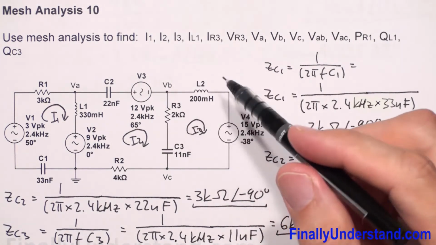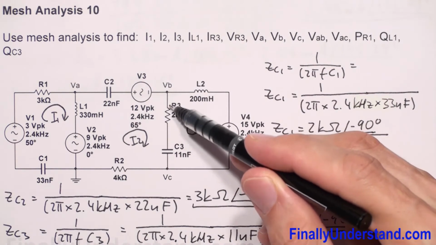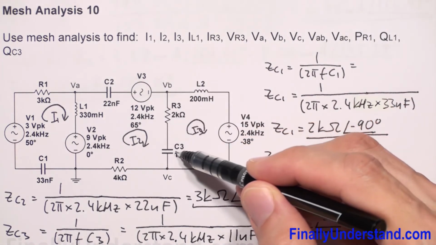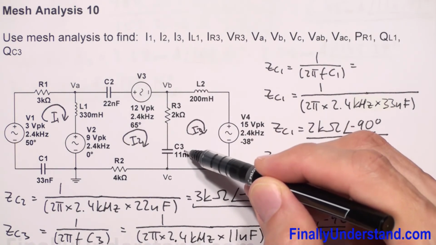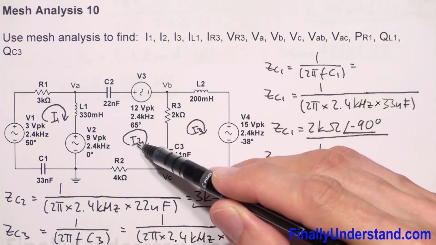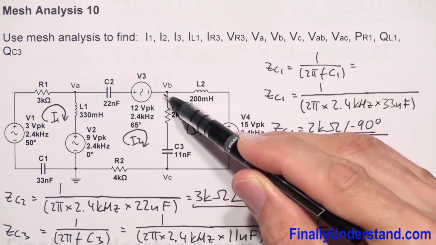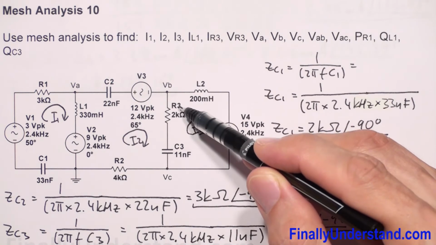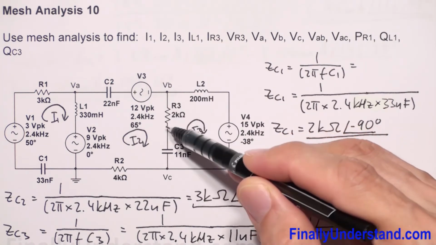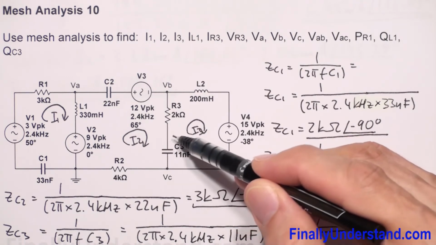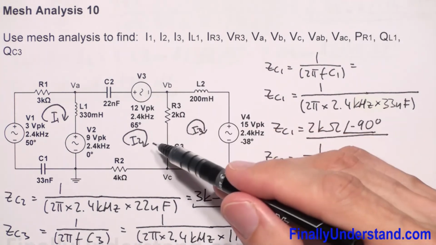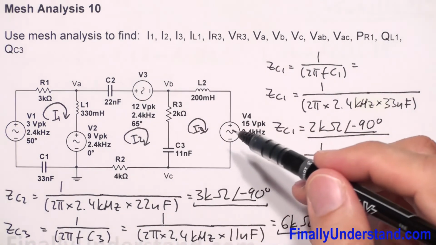Again, in order to find the current which goes through this resistor, you have to realize that the same current will go also through the capacitor C3, and this is the difference of these two currents. Why? Because I2 is going to go through the resistor theoretically from top, and I3 will go through the resistor from the bottom, so they're going to oppose each other. That's why you have to perform the subtraction. So IR3 is basically the difference of these two currents.